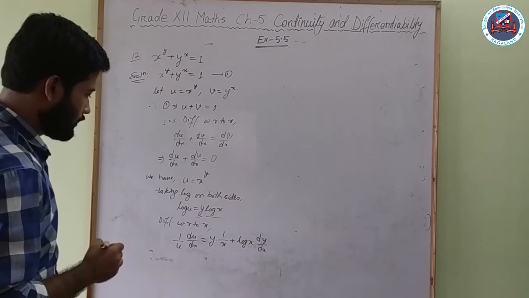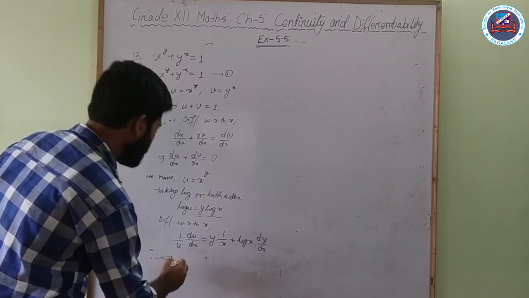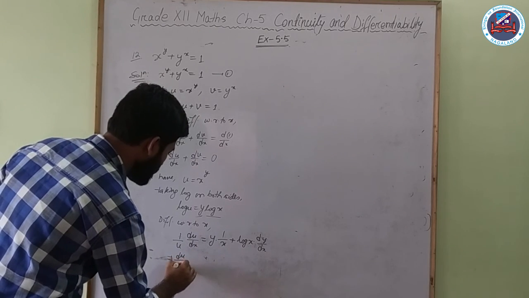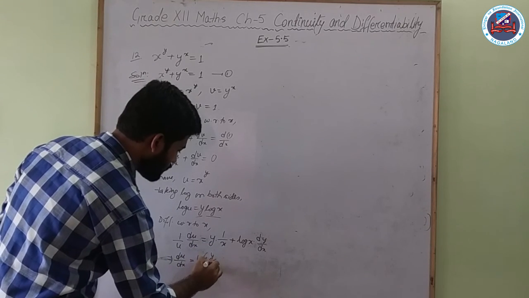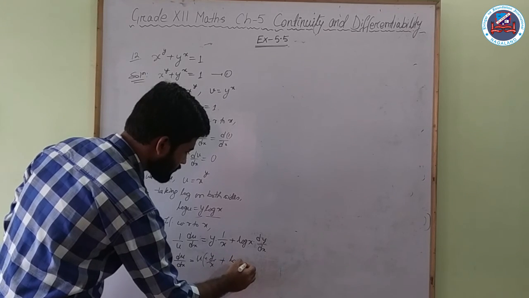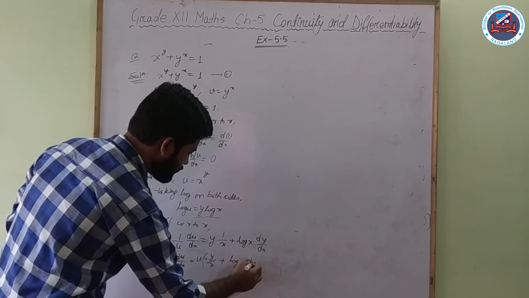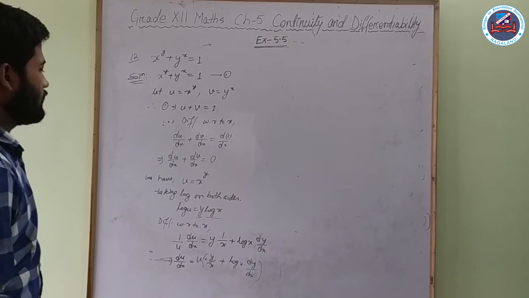Fine. Now this implies, if I multiply the u there, so ddx of u, the u will go up here, so we shall have y by x plus log x into dy by dx. Fine.